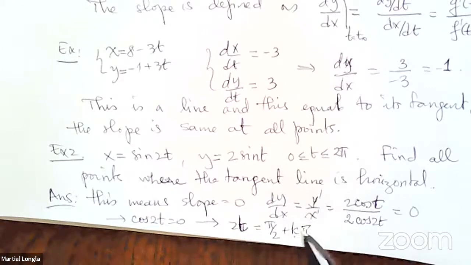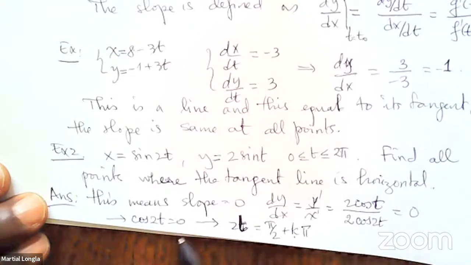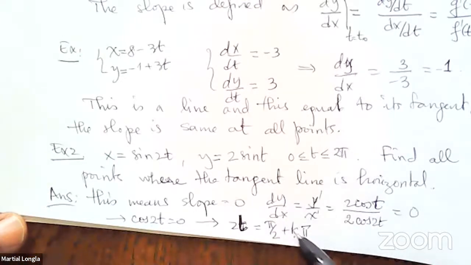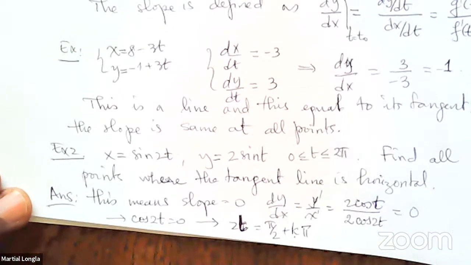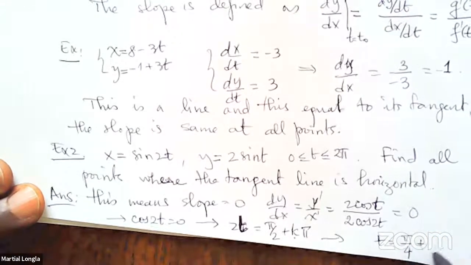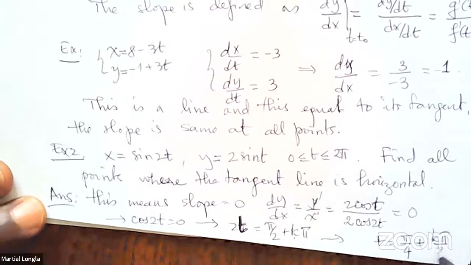This is something that you need to remember from your trig class: how to solve cosine equals 0. It's pi over 2 plus all multiples of pi. At those points, the cosine is equal to 0. Then you divide and you get t is pi over 4 plus k pi over 2.